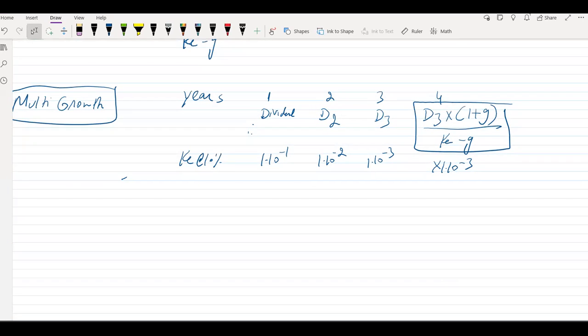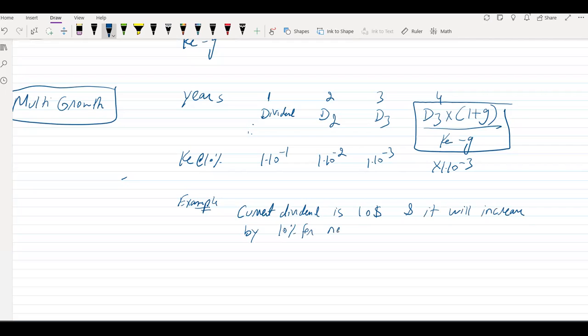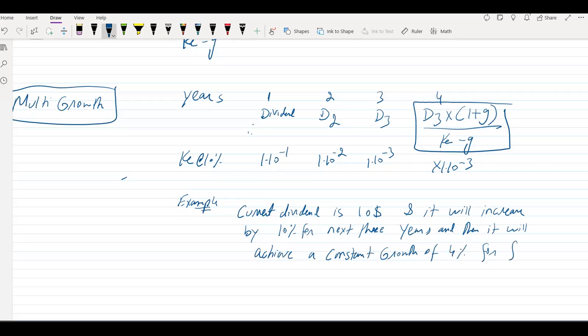So for example, it will be given in the question that current dividend is $10 and it will increase by 10% for next 3 years, and then it will achieve a constant growth of 4% for the foreseeable future.